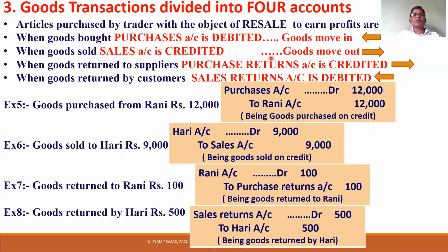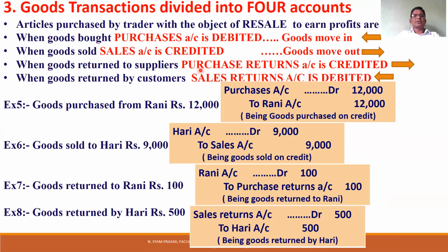When goods are sold, goods are going out, moving out. So the goods account is credited in the name of sales. When we return goods to suppliers because they are not good, because there may be some fault, the goods which are not in good condition are returned to the people from whom we purchased.